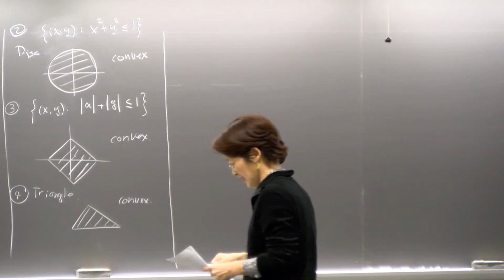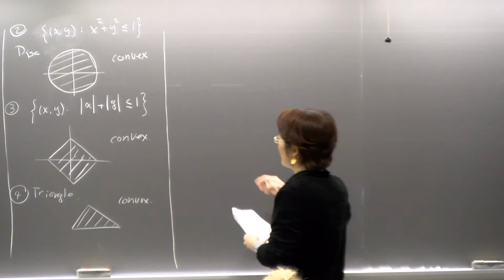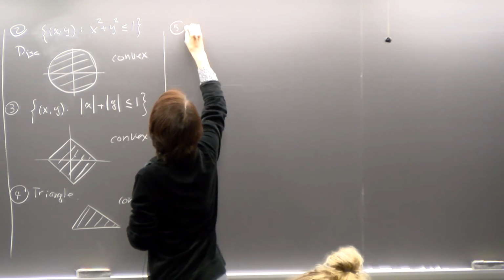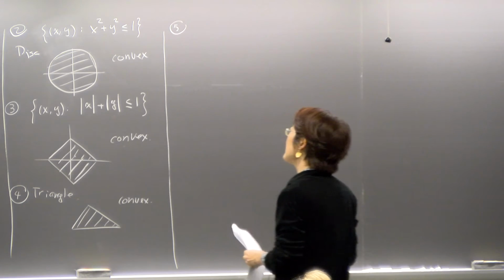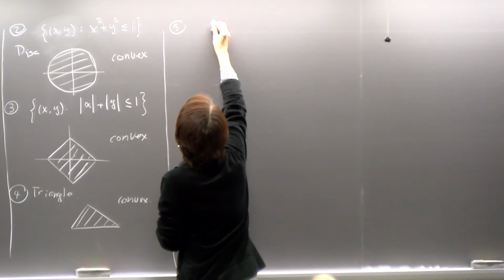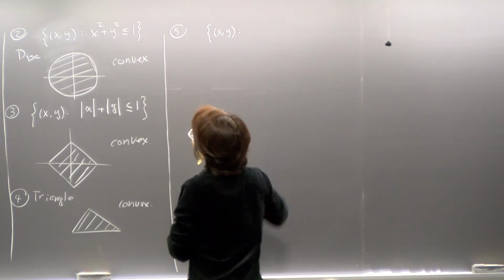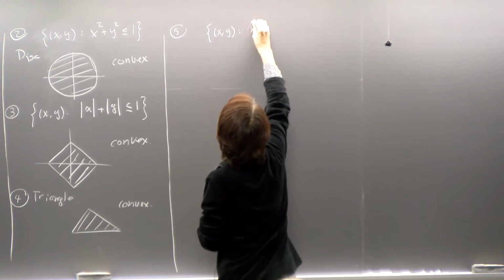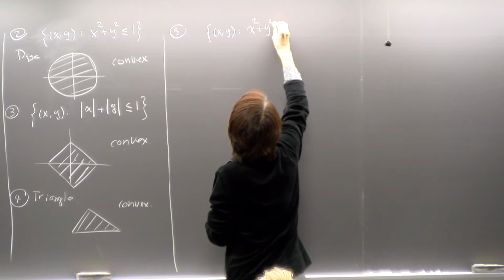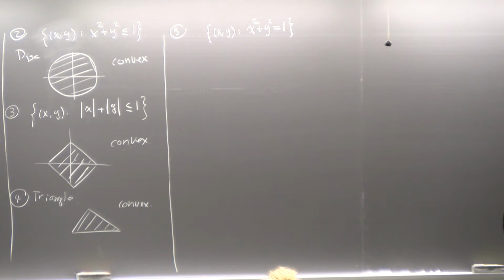All right. Let's take some other examples. Probably not so convex. Let's modify the set in example 2 into the following. Instead of the less than or equal sign, let's put an equal sign. What would that set be?